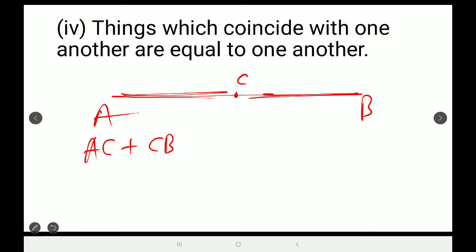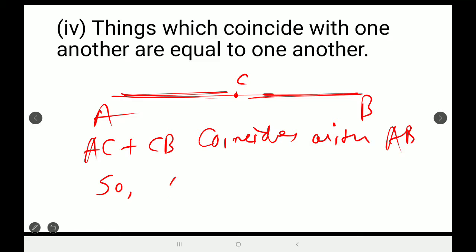AC plus CB coincides with AB, so we can write AC plus CB equal to AB. This type of example will be there in our chapter.